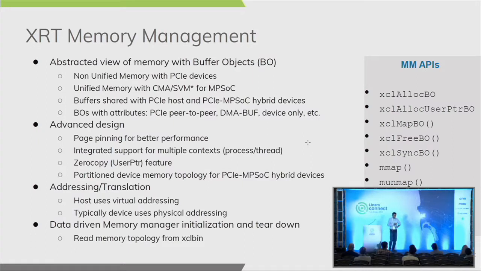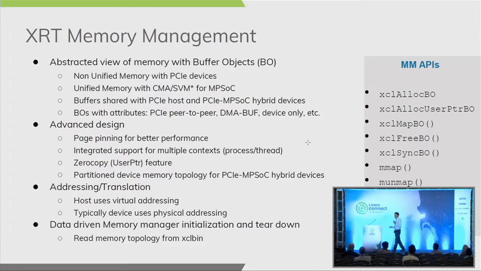So talking about memory management, that's an important part of the XRT technology because we have different classes of devices with different characteristics, as I mentioned, like PCI devices with their own DDR memory or HBM memory. If it's a unified memory architecture like our MPSoC devices with ARM cores and FPGA on one chip, then XRT supports CMA allocation for contiguous allocation or SVM as part of our core architecture.